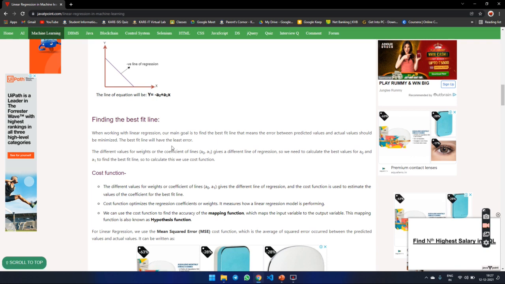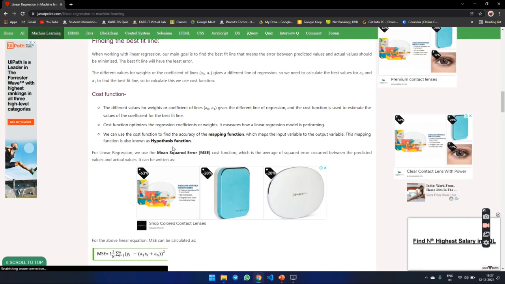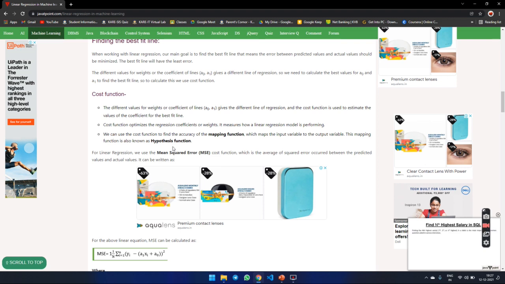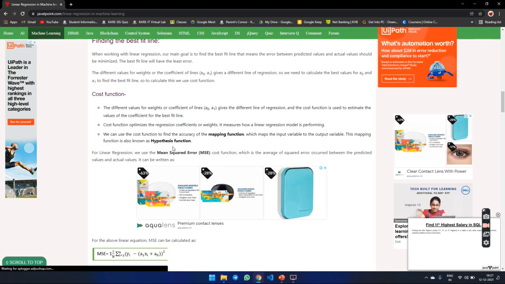Then we are going to move over to the cost function. What is the cost function? Different values of weights or coefficients give different lines of regression, and the cost function is used to estimate the values of the coefficients for the best fit line. The cost function optimizes the regression coefficients or weights. It measures how a linear regression model is performing.